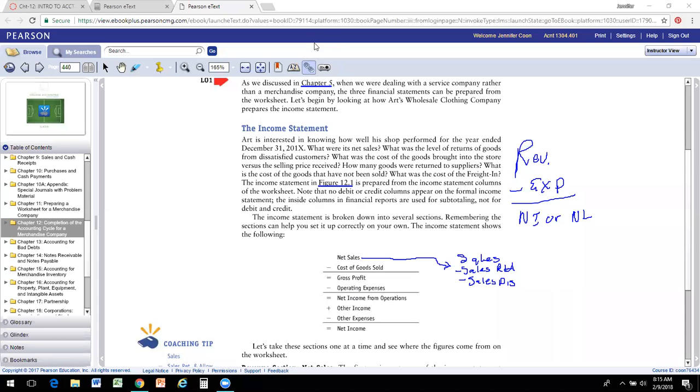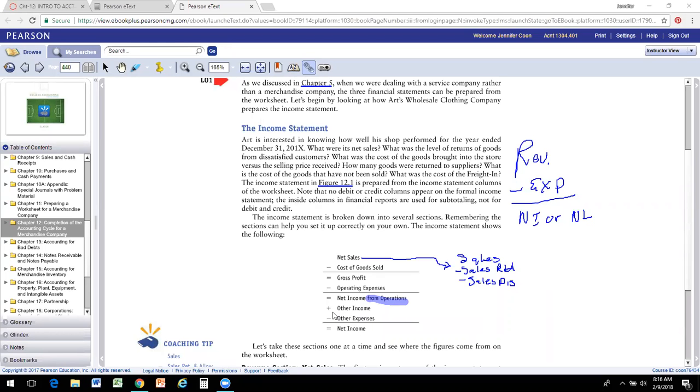Now that is key right there, from operations, because we're going to have these other items coming in, and it's going to be other income and other expenses. So when we talk about these other income and other expenses, they're not necessarily tied to the general operations of the day-to-day business. What are we in business to do?